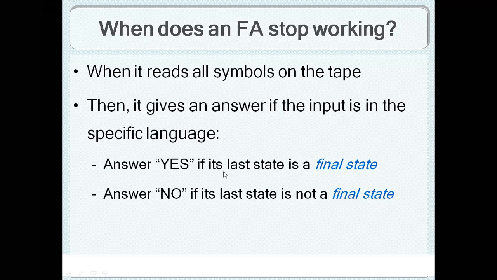Answer yes if its last state is a final state. When it reaches the final state, it goes to the acceptance state, so the given input is a correct one, having the solution to the problem. If it is not reached to the final state, that is not a solution, so we are not getting the solution for the particular problem. Answer no if its last state is not a final state. Only when it reaches the final state is that string accepted by the finite automata; otherwise the string is not accepted. So these are the two conditions on which the finite automata stops.